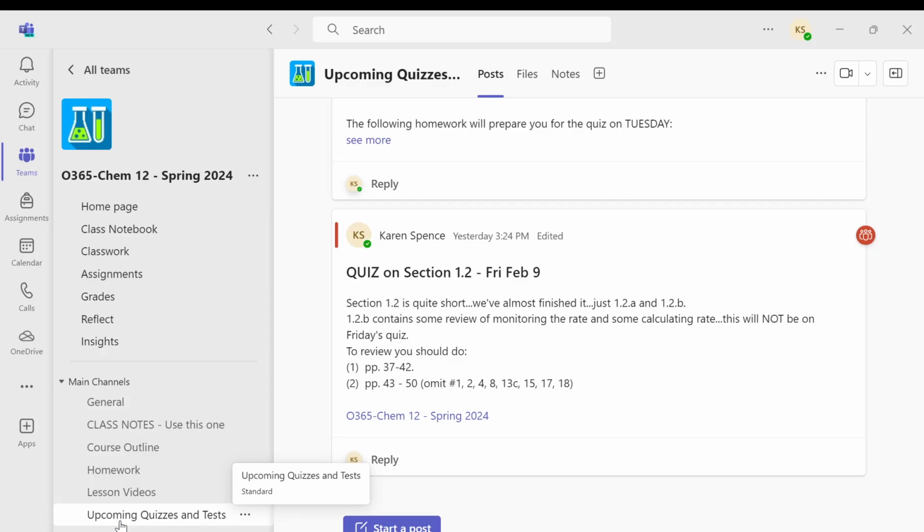But from pages 43 to 50, you can omit numbers 1, 2, 4, 8, C, 15, 17, 18.